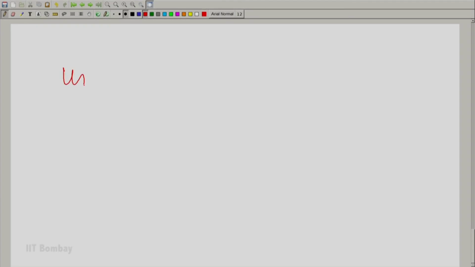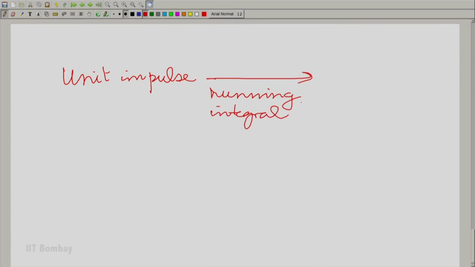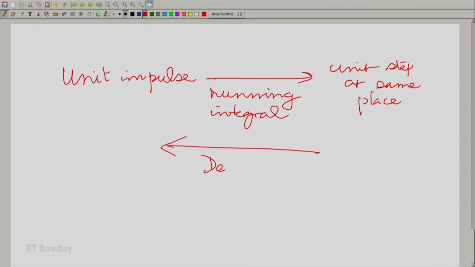Now, what is a natural corollary? Let us take the derivative on both sides. So, the running integral of a unit impulse gives you a unit step at the same place. So, if I want to go the other way, I should take a derivative. You see, what is the derivative?